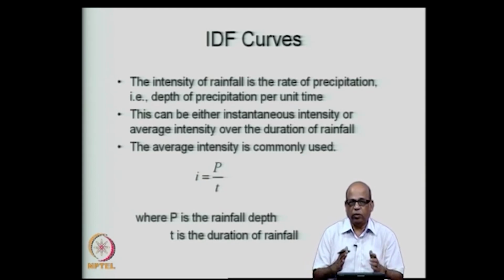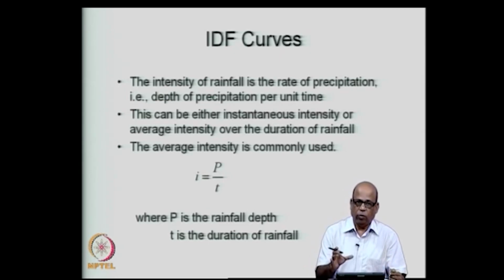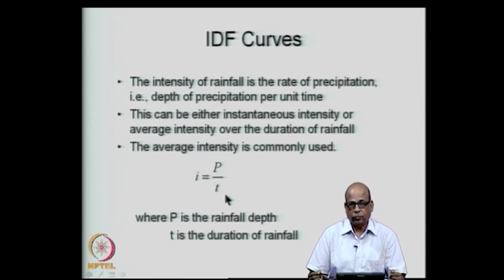Let us say that the rainfall has occurred over last 3 hours and the total rainfall is known. Simply divide the total rainfall by the duration. So, you get the intensity. So, I is equal to P by T. What is the assumption there? The assumption is that all through this duration the rainfall has occurred uniformly.